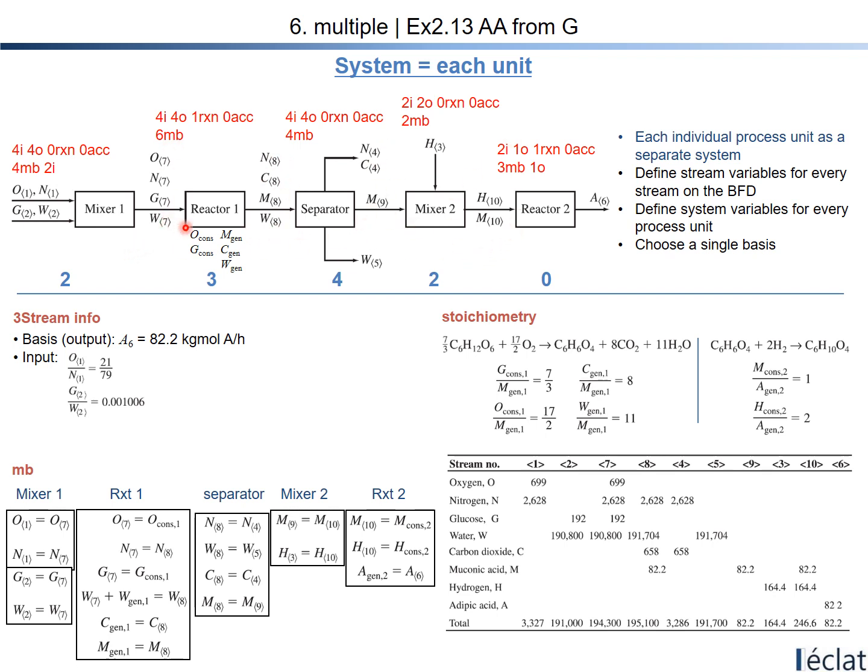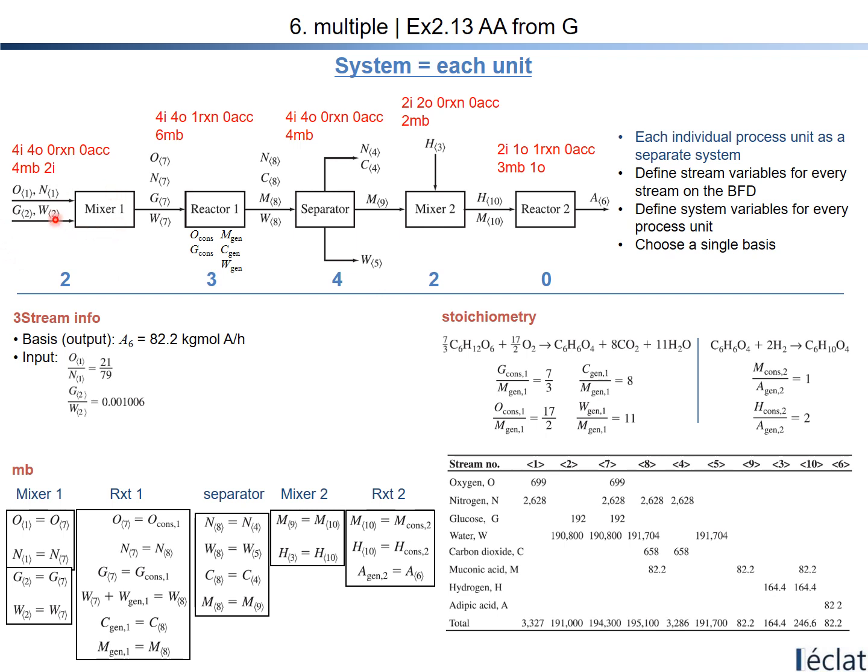So in this case, between mixer 1 and reactor 1, between reactor 1 and separator, between separator and mixer 2, and between mixer 2 and reactor 2. So in that case, you will take a single unit as the single system. So let me try to calculate the degree of freedom of each unit.